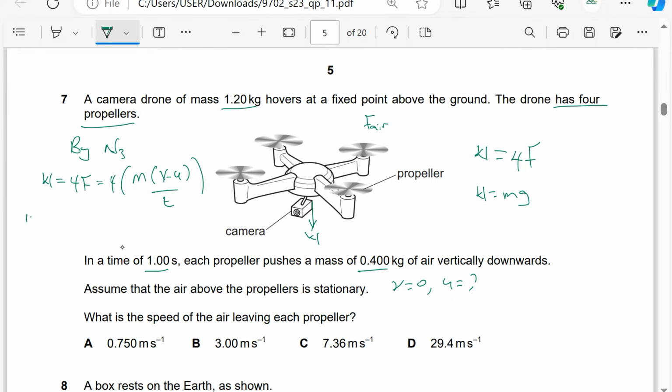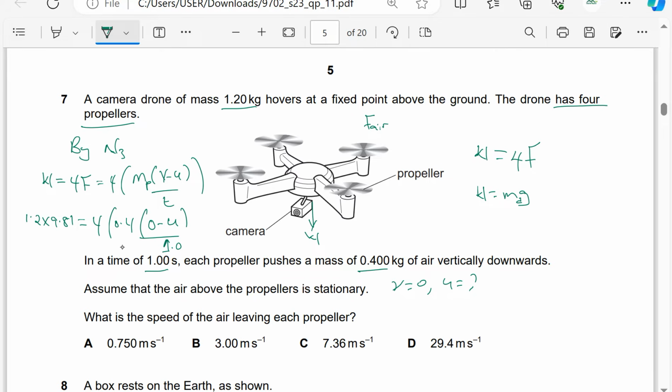So the weight is going to be 1.2 times 9.81, being equal to 4 into the mass of each propeller, which is 0.4. This was the mass of the drone, the camera drone of mass 1.2. So this is 4 into 0.4, then into final velocity, which is 0 minus u, divided by t, where t is actually 1 second.